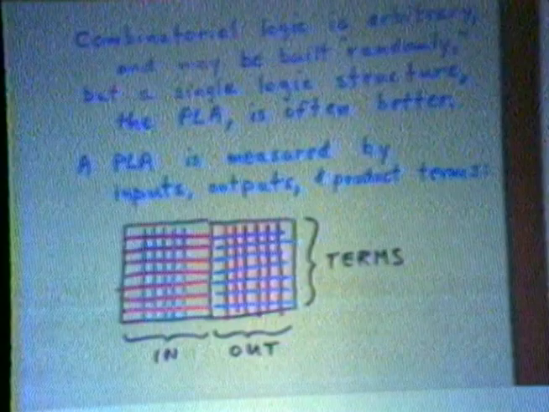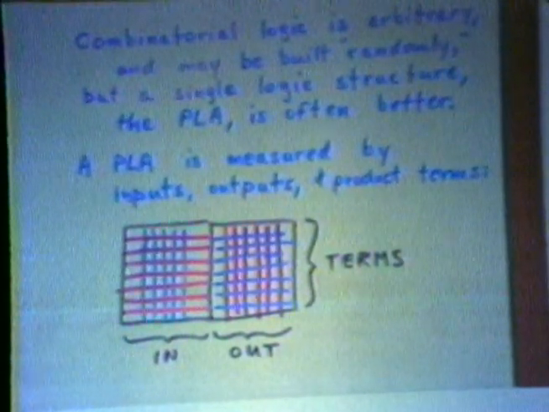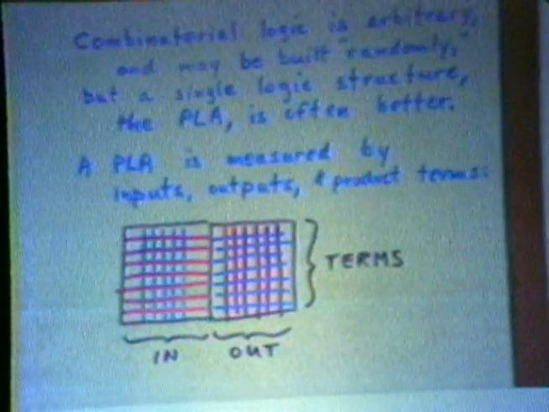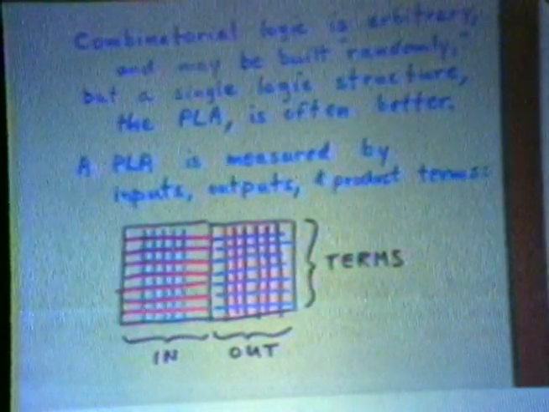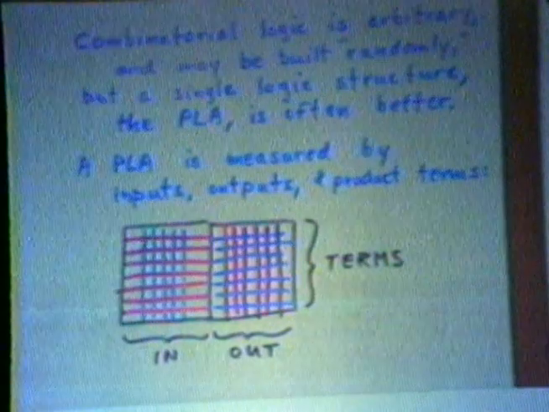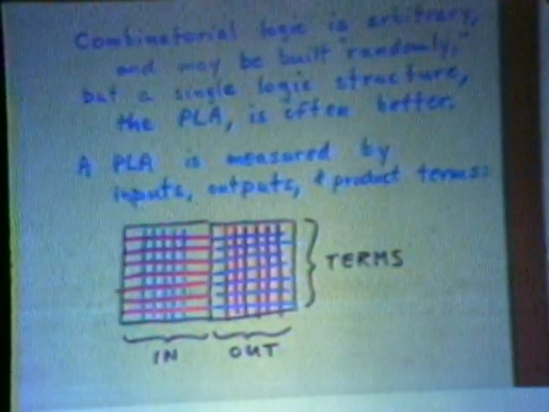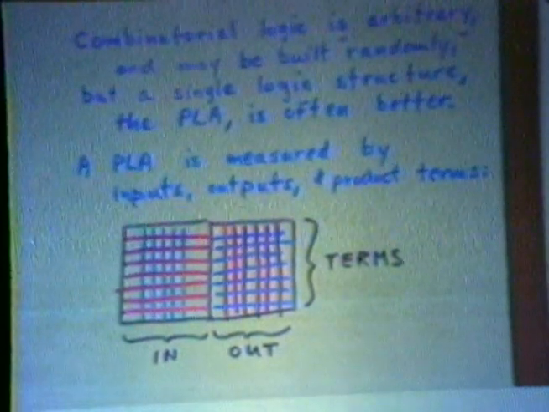And they're sitting at different angles so that the blue lines are vertical in one section and horizontal in the other. The size in one direction of those pieces is the number of inputs and the number of outputs, and the size in the other direction is the number of product terms. Now let's see what this thing does and how it implements arbitrary logic.